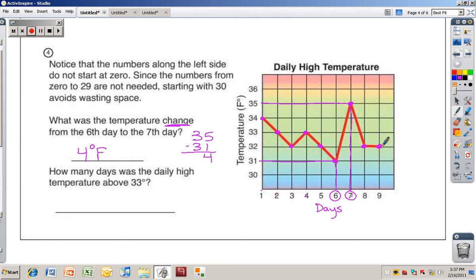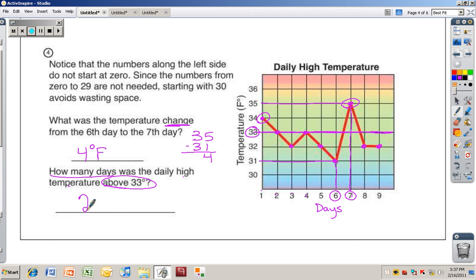So the question again says, how many days was the daily high temperature above 33 degrees? Here's 33 degrees. If it is 33 degrees, it's not above 33 degrees. I like to draw a line on here just so I can for sure see it. Now that I have the dots on there and this line, it should be pretty easy for you to tell that this day right here is above 33 degrees and this day right here is above 33 degrees.